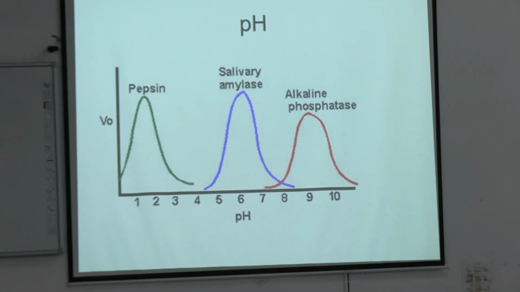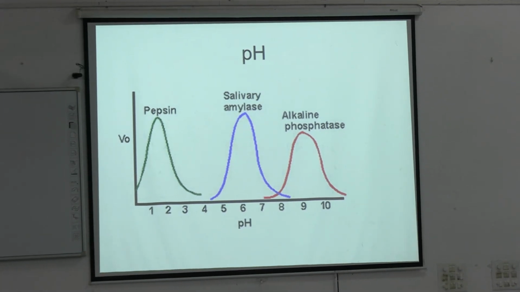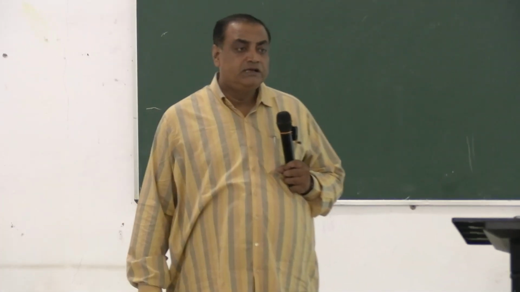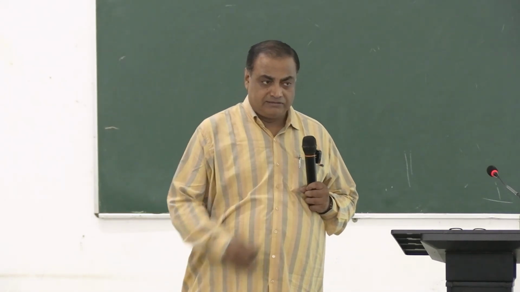Alkaline phosphatase. What do you find? Now all these enzymes are what? Digestive enzymes. That means they are ectoenzymes. Ectoenzyme means those which are secreted outside the cell into the GI tract.